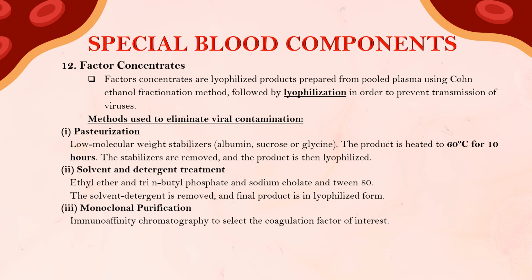So lastly, class, your monoclonal purification. It involves immunoaffinity chromatography to positively select out from the pooled plasma the coagulation factor of interest. Just like in your monoclonal AHG reagent, class, the monoclonal purification procedure involves a special procedure to only select the desired plasma derivative or coagulation factor of interest.